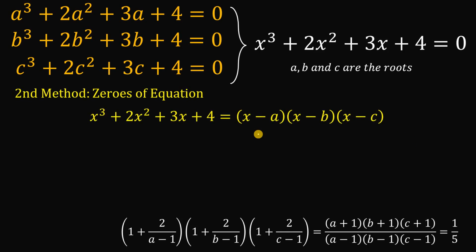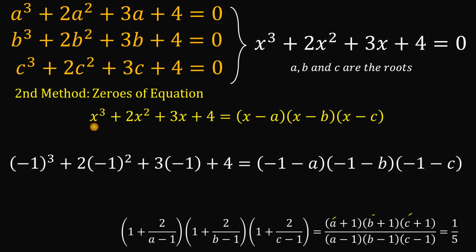To find the value of a plus 1, b plus 1, c plus 1, let's replace all x with negative 1. So this x becomes negative 1, this x becomes negative 1, this x becomes negative 1, and all of this x becomes negative 1. Now let's simplify.